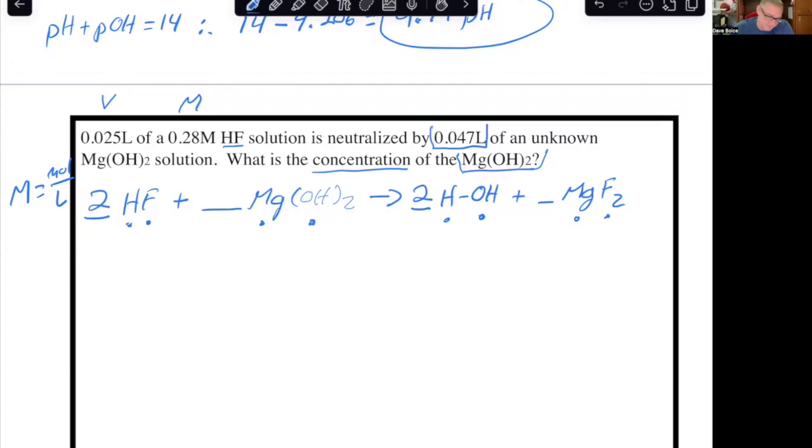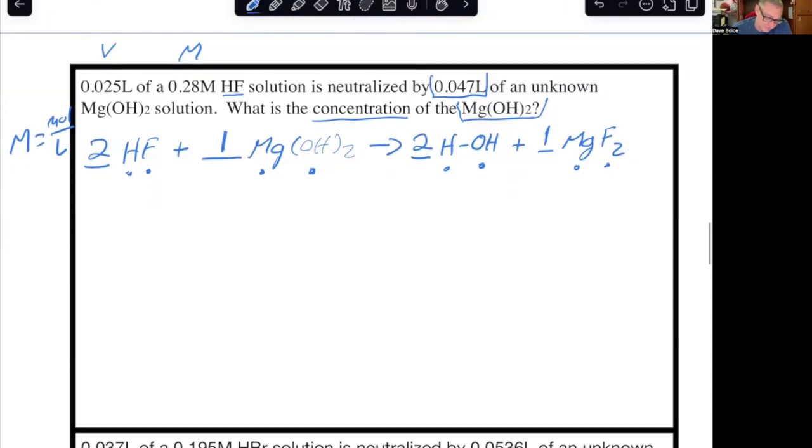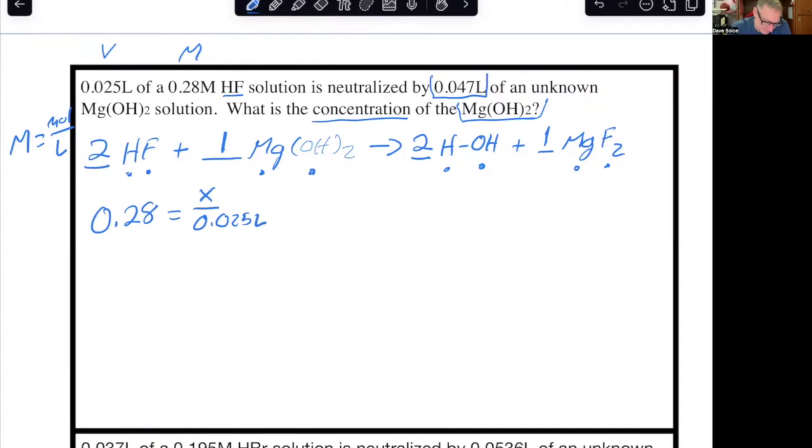So this is why I usually like to wait until the end, because a lot of times it'll take care of itself. Okay, so 2 moles of hydrofluoric acid are going to react with 1 mole of magnesium hydroxide, which is very important for me to know. So let's figure out, well, how many moles of hydrofluoric acid do I have? Well, I know that 0.28, which is my concentration, is moles over liters, and I know 0.025 liters.